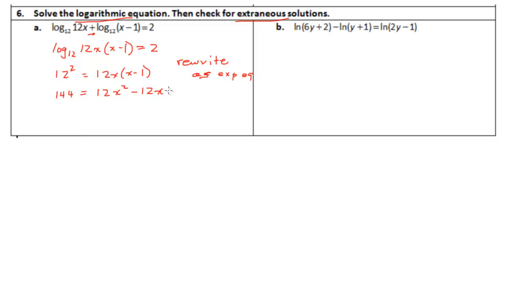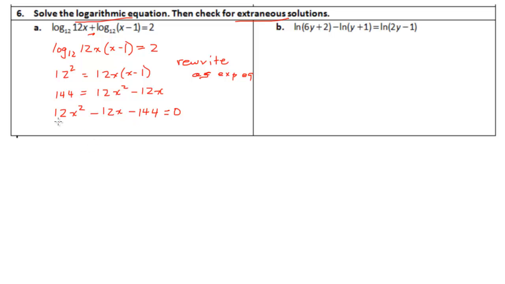This is a quadratic equation now, so we're going to set it equal to 0 and put all my variables on the left. Just feels more comfortable. And subtracting 144, I should be moving the 144 to the right. That's equal to 0.